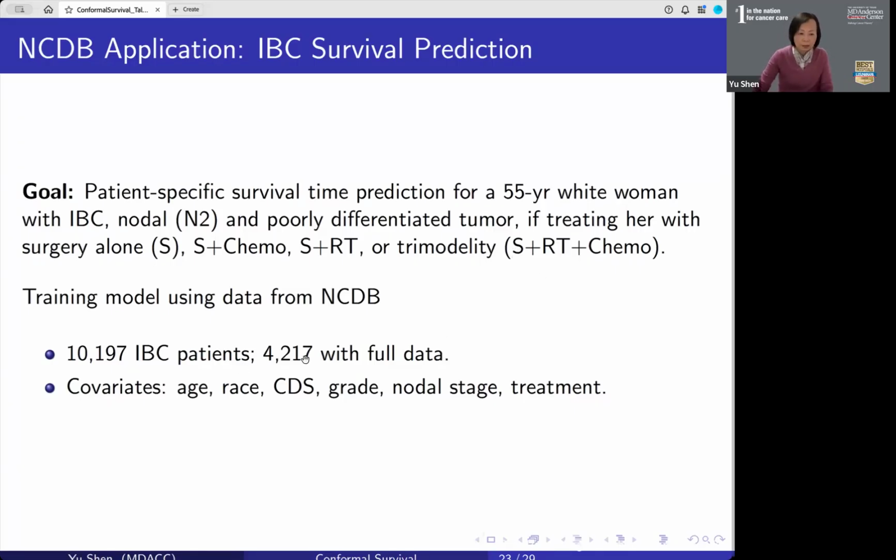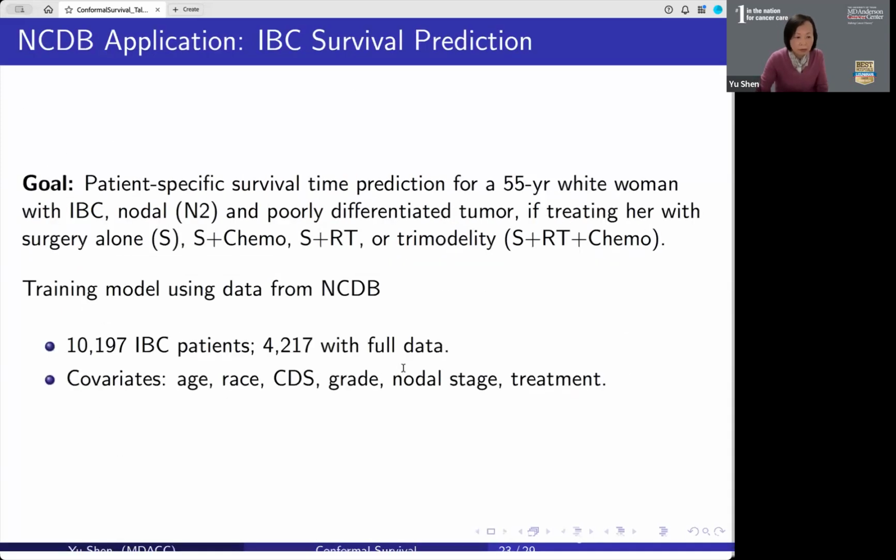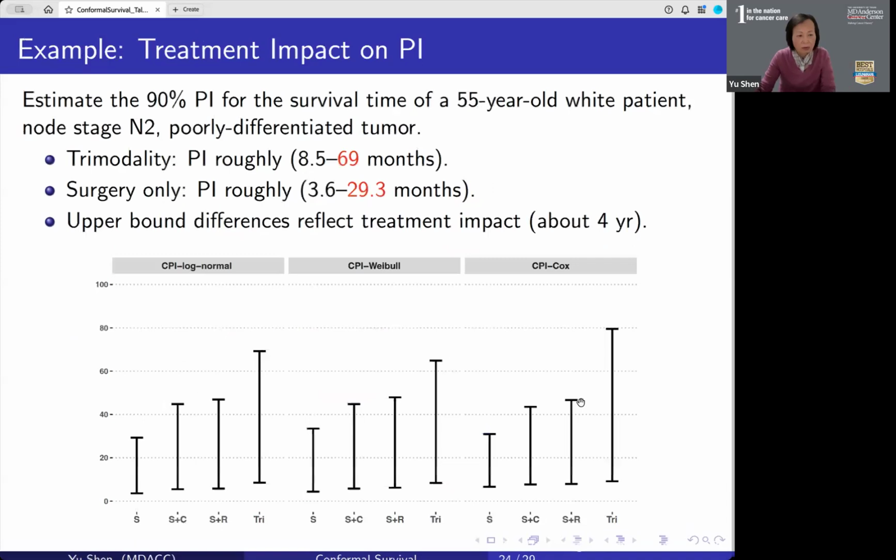Based on the training data, because it's a rare disease, even among about 30% of US cancer patients, we have about 10,000, but we remove missing data. We have 4,200 with full data, with those covariates information, and that's the training data we use.